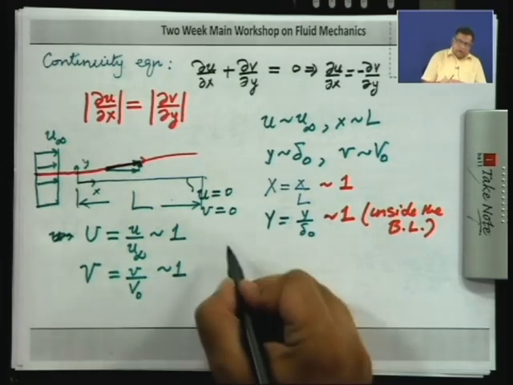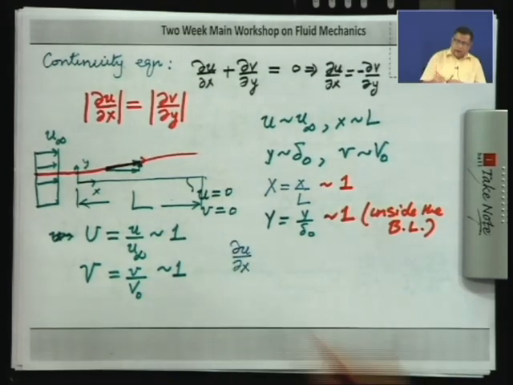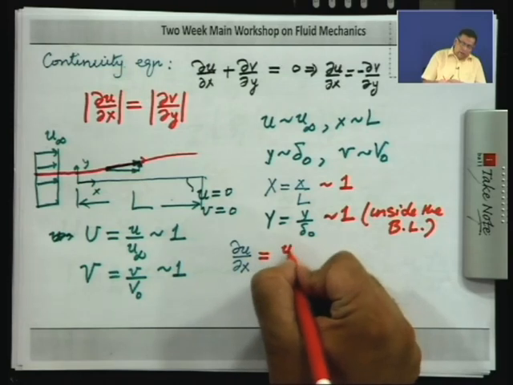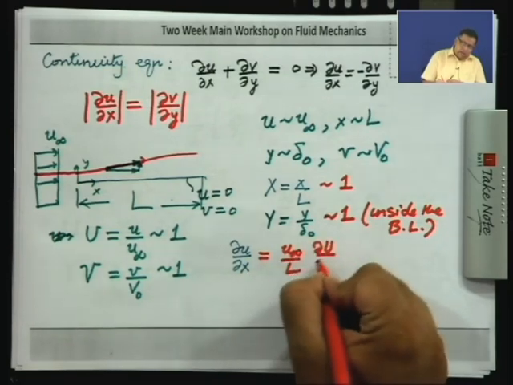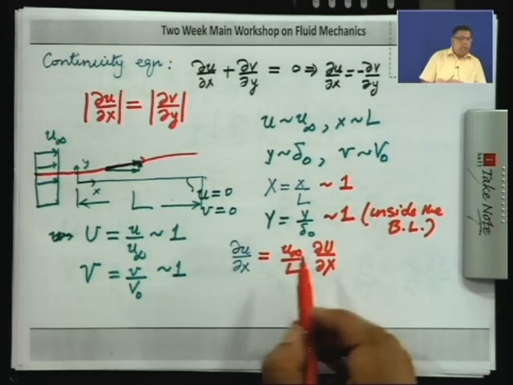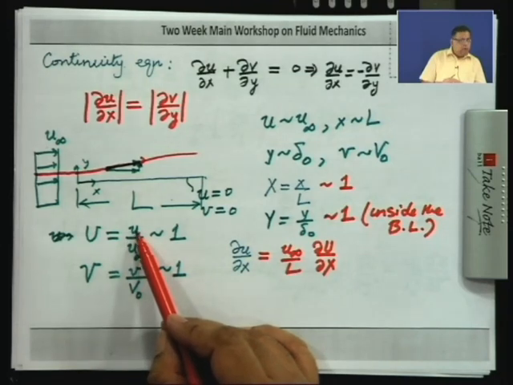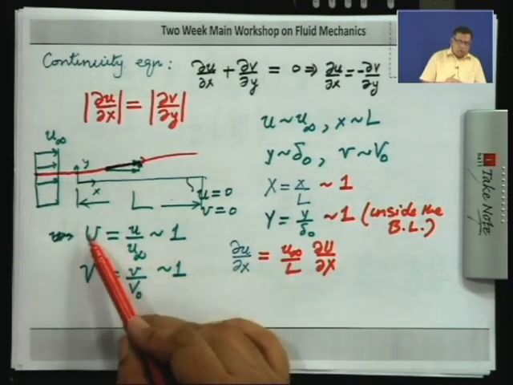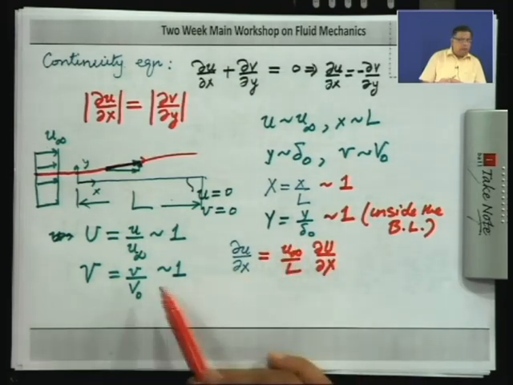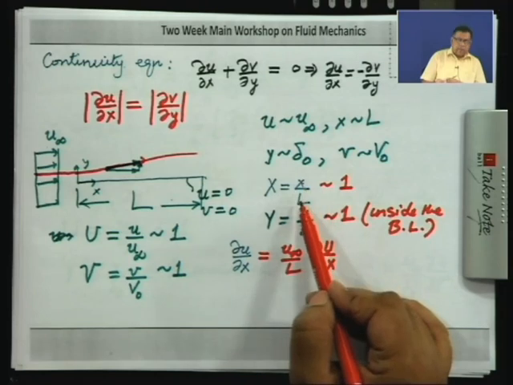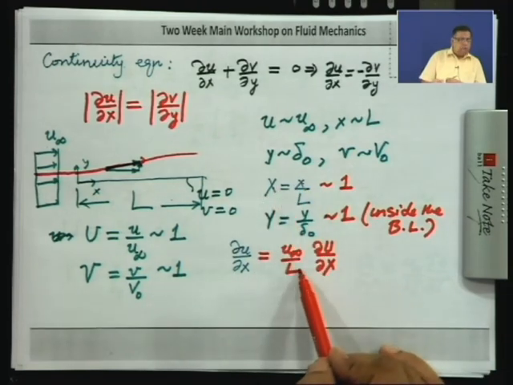Now, you see that del u del x I can write as u infinity by L into del of capital U del of capital X. The reason being that from here the small u is capital U into u infinity. So, u infinity being a constant, I can take it out of the derivative, and from here the small x is L times capital X. So, again L being a constant, I can take it out of here.